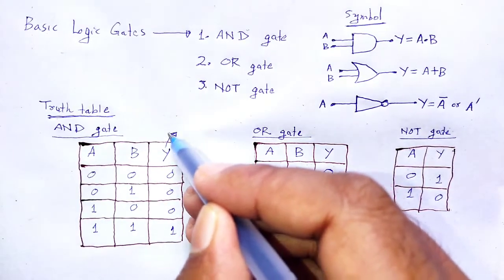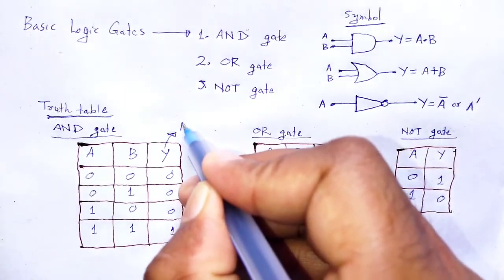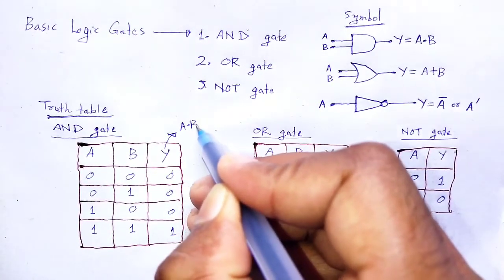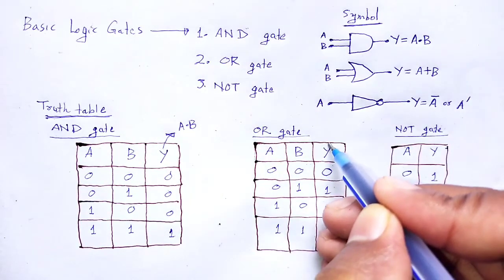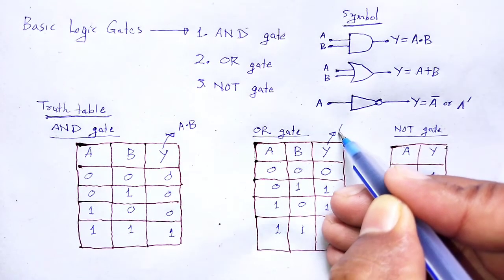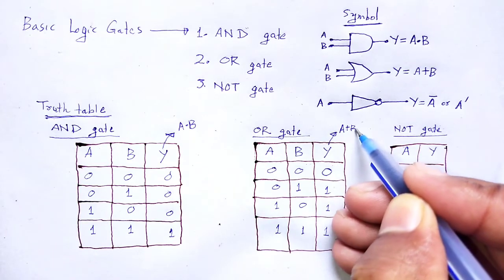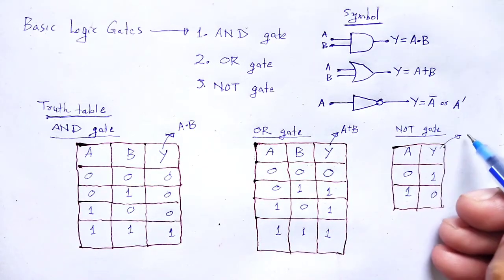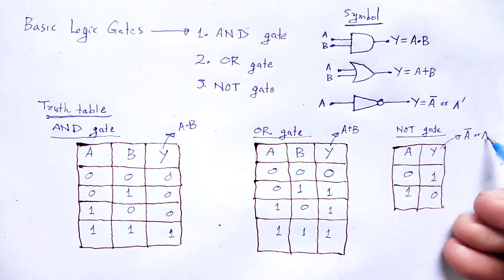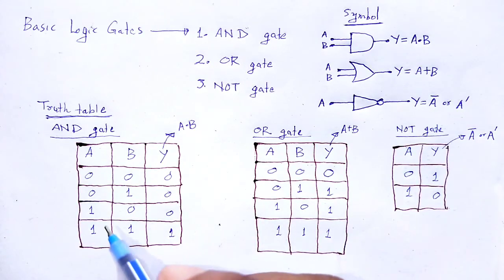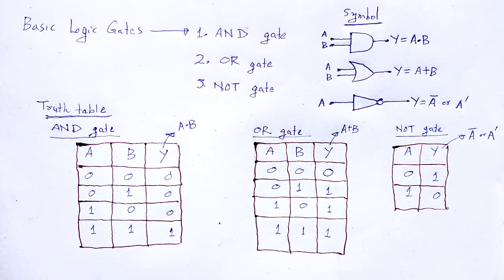Here Y as A dot B, we read it as A and B. Here Y as A or B, that is A plus B. Here Y as A bar or A prime. In this way we explain the truth table in logic gates.